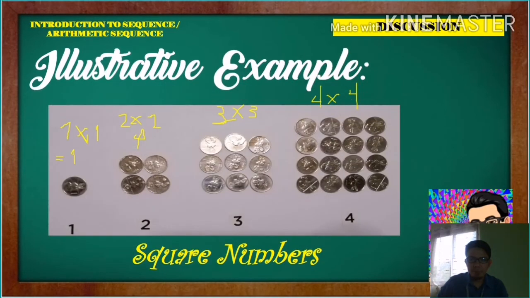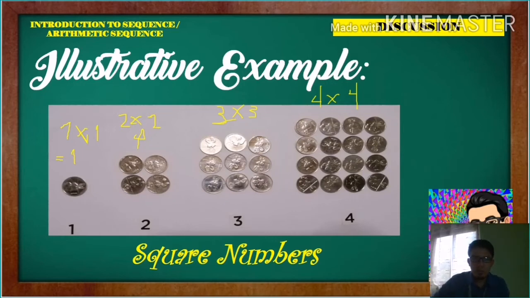We also have square numbers. The first we have 1, which is obtained by multiplying 1 to itself. So this is 1 times 1. That's why it is 1. Next we have 4. Since these are square numbers, this is obtained by multiplying 2 to itself.